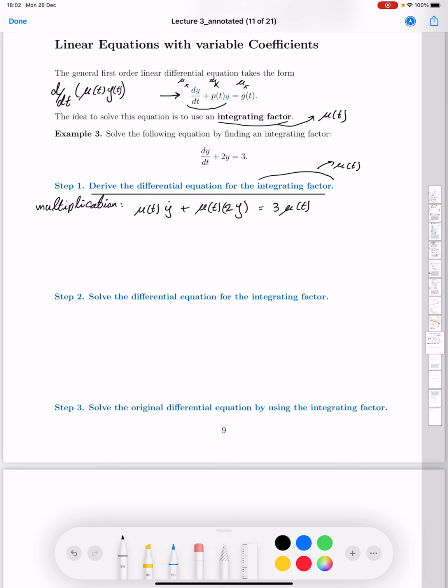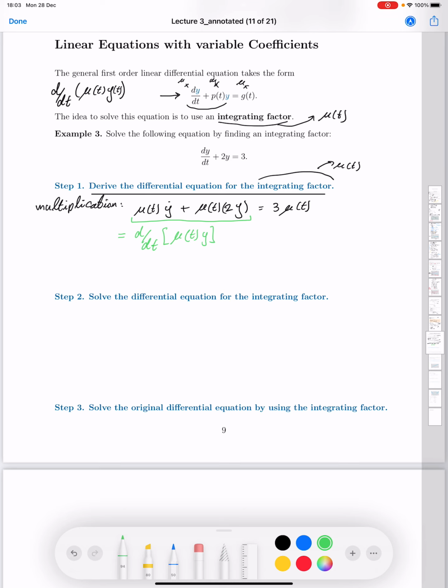Okay, so I want to make this equal to, hopefully, d/dt of mu of t times y.